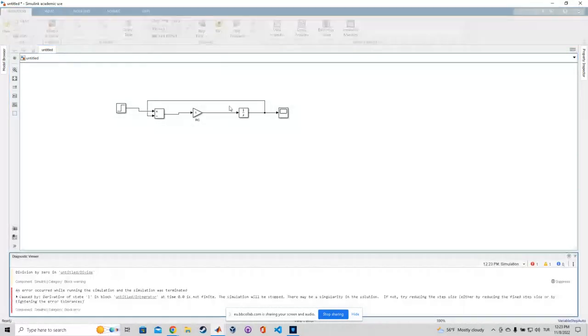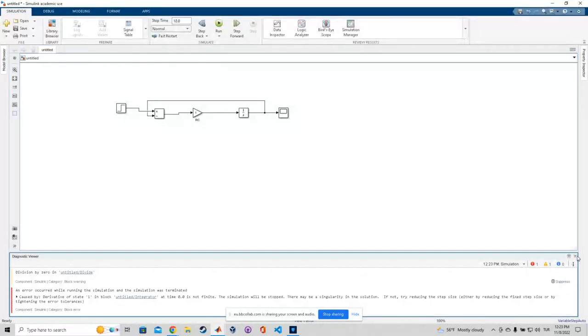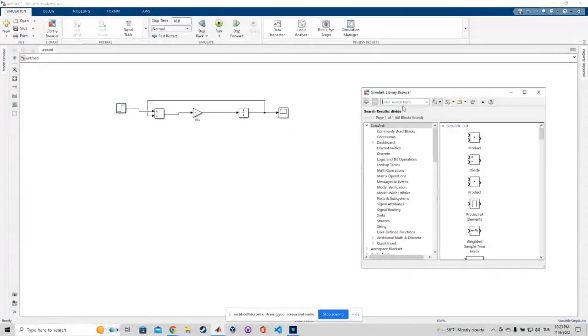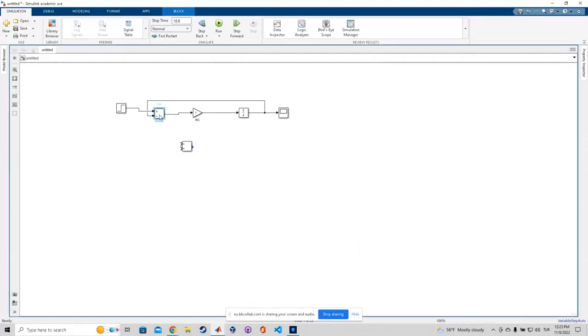So let's start our circuit. We need a subtraction. It's the deviation, so we need a subtraction.